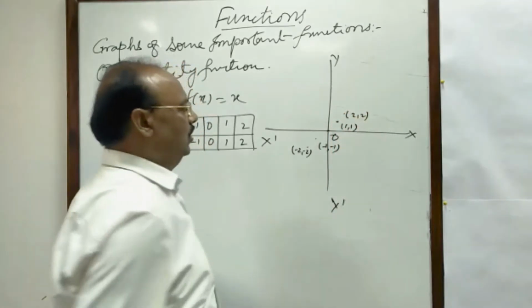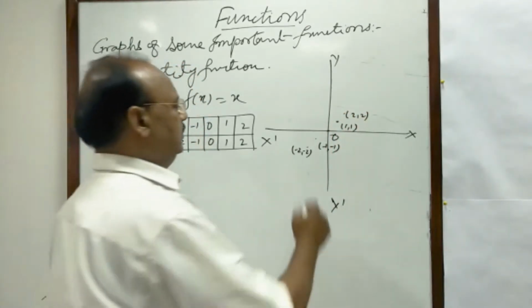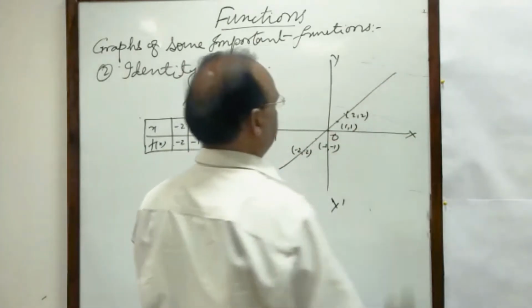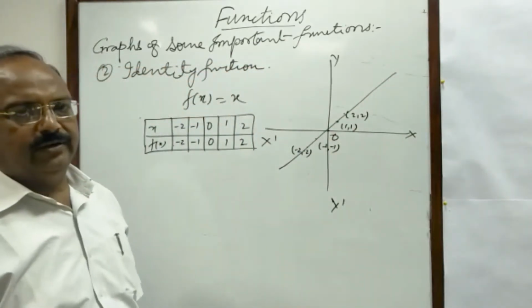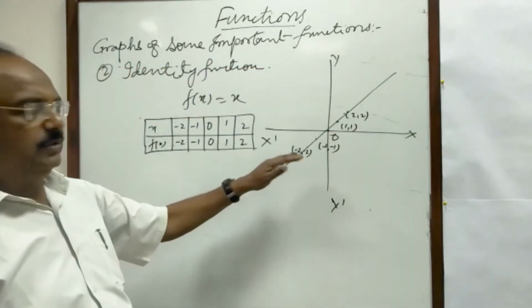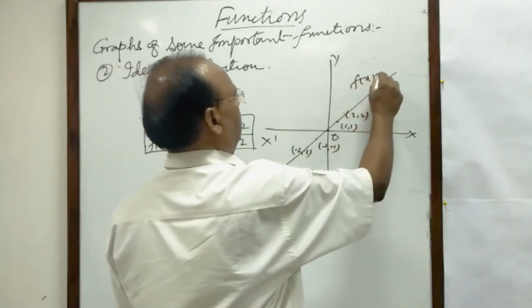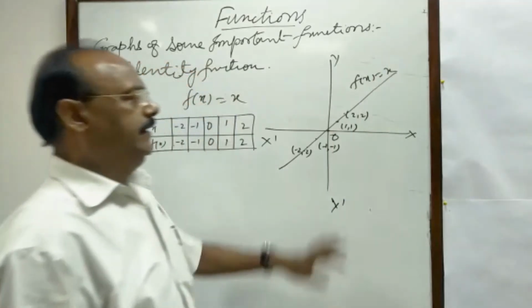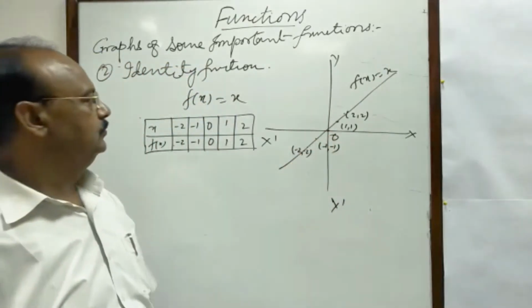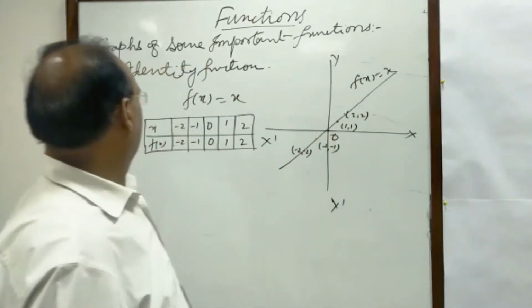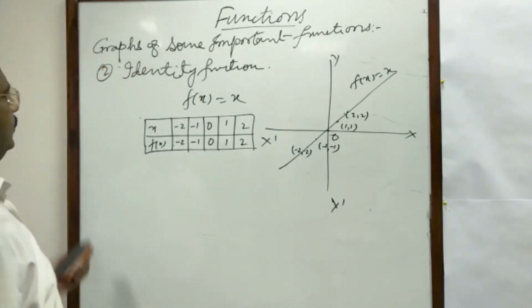Now we have to join all these points, and we can join these points with the help of a straight line. So this straight line gives the graph for the function f(x) = x, which is an identity function here. Now next, modulus function.